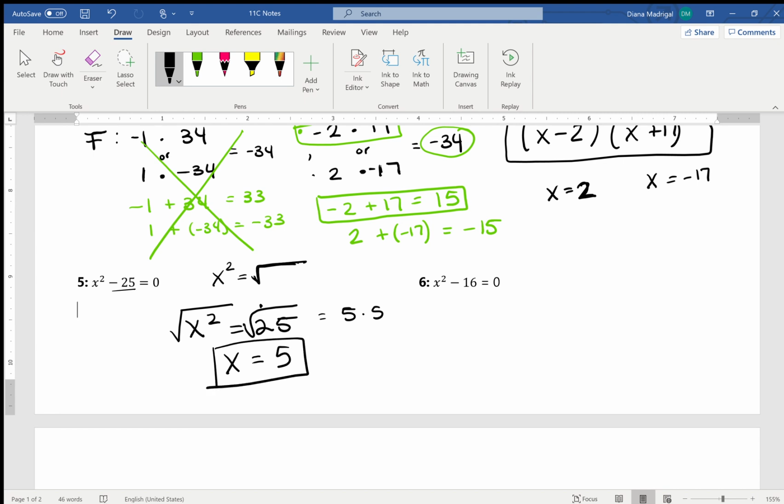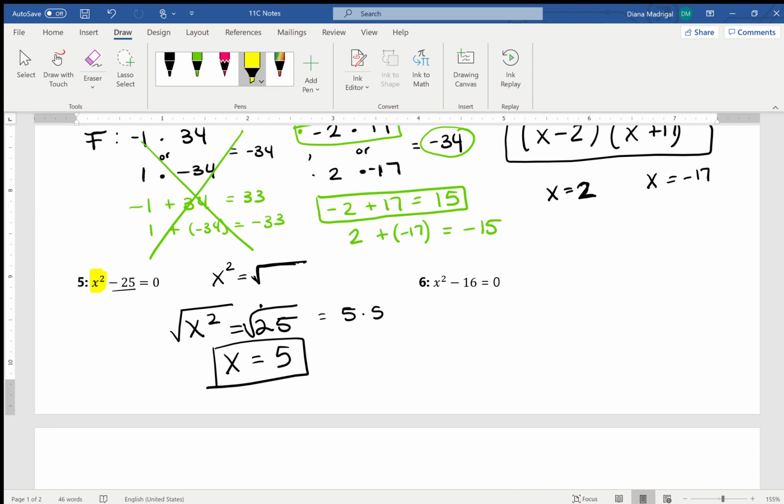Okay, for this one I can't factor. Why? Because I don't have a polynomial. I can only factor when we have a polynomial. But when we don't, we are still able to find the zeros. And how do I know I can figure out the zeros? Because x squared means a quadratic function. Even though we don't have three terms, a polynomial, we are still talking about a quadratic.